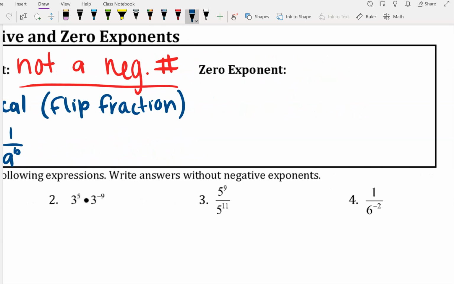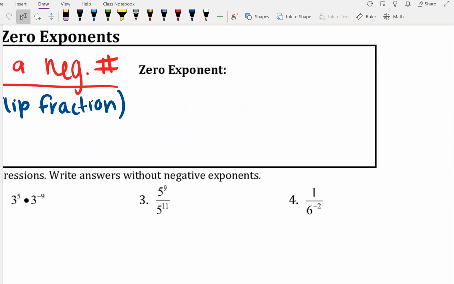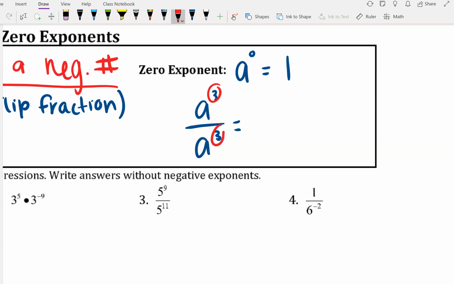And then the next thing, zero exponent, like for example, a to the 0 power. No matter what a is, anything to the 0 power is going to equal 1. The reason is because if you had a to the 3rd over a to the 3rd, remember the rule when you are dividing like bases: you subtract the exponents. 3 minus 3 is 0.